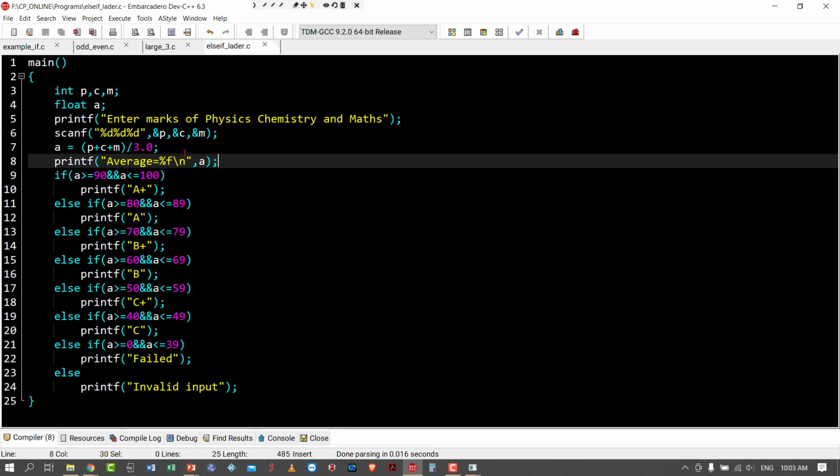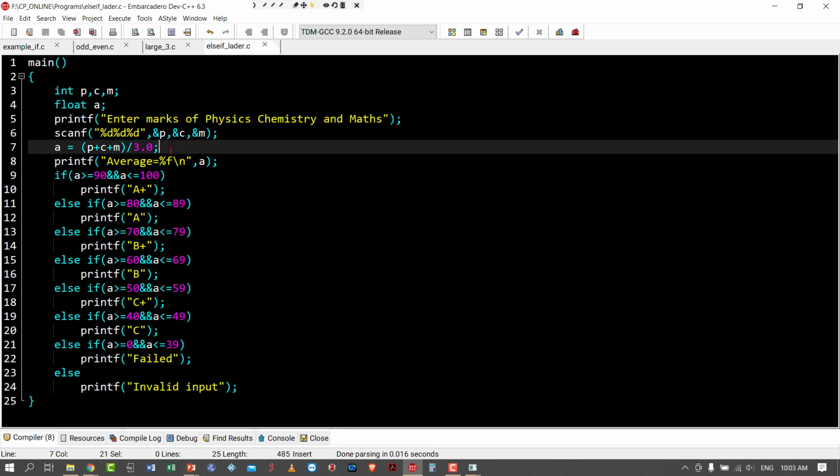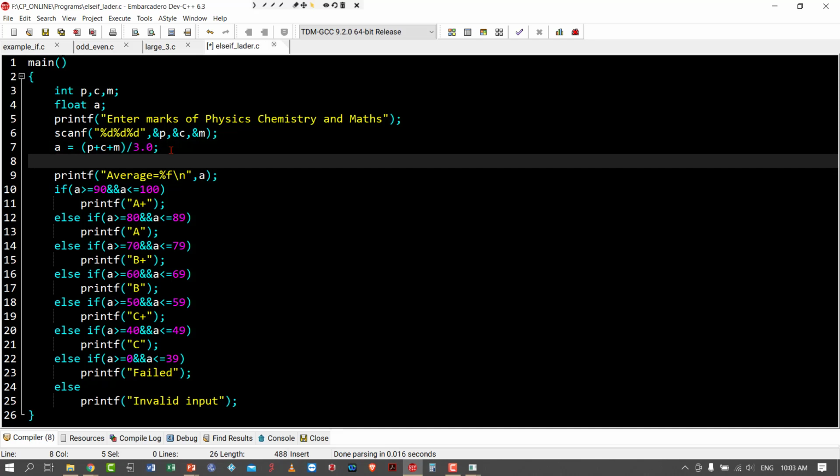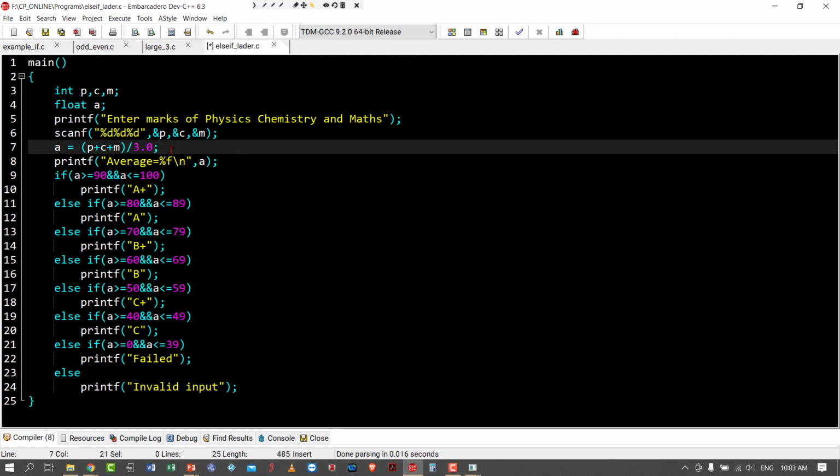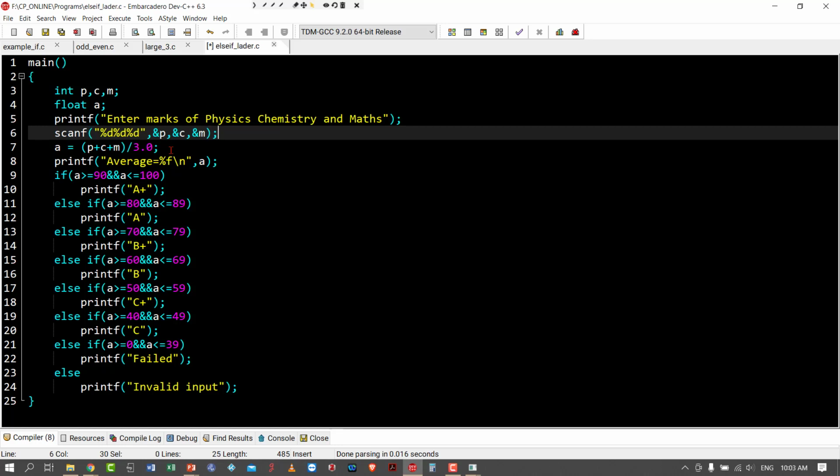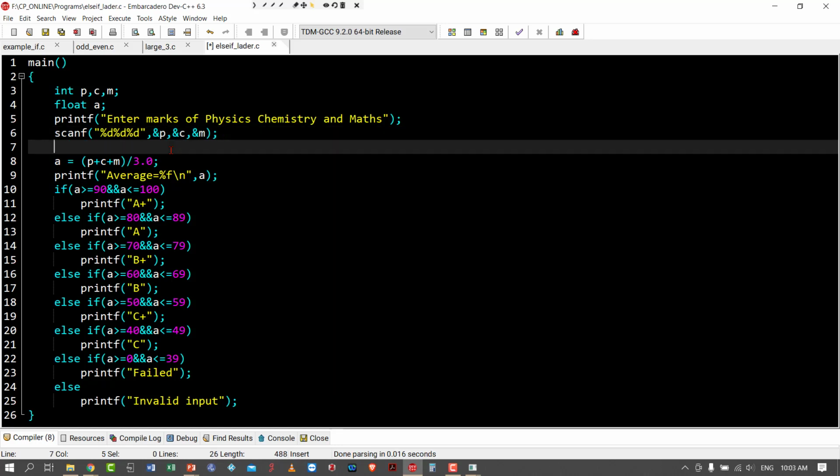To handle that, you have to write something like: if p greater than 0 and. After line number 6, if some negative values are there, there is no need to calculate the average.